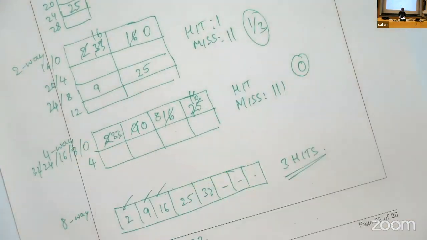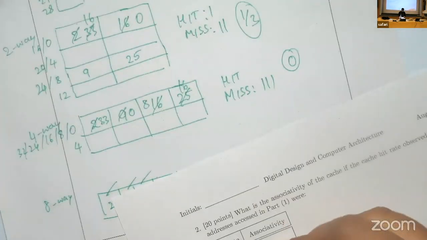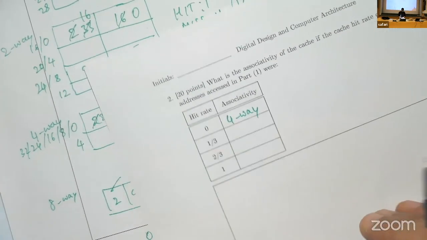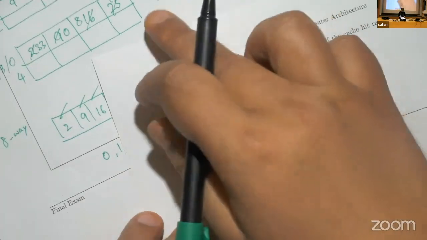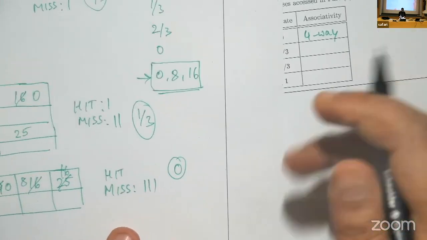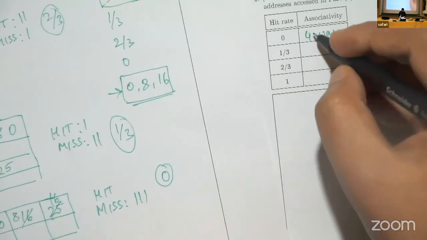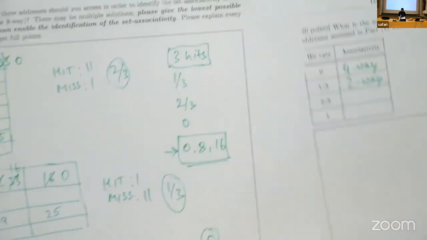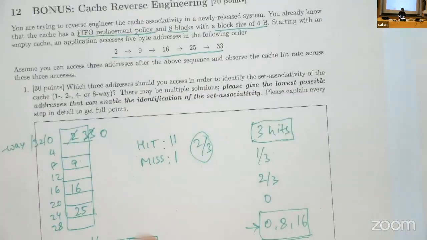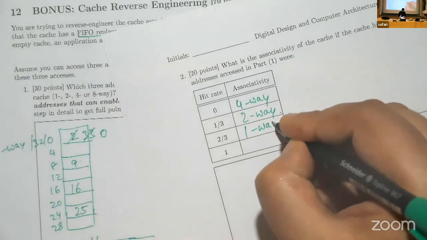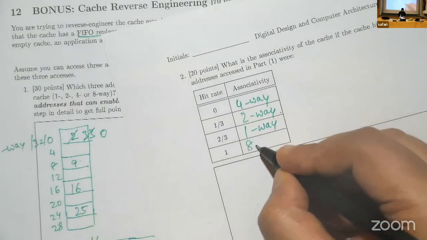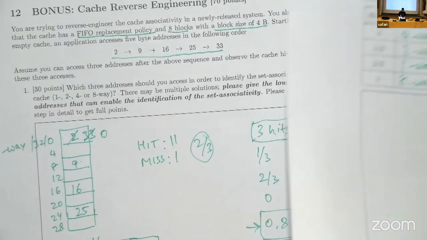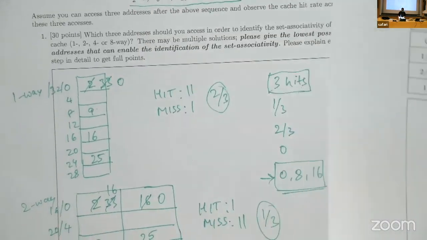If it's 0, then it's 4-way. 1/3 is 2-way. 2/3 is the one-way solution. And 1 is the 8-way. So this is pretty straightforward. You use the solution from the previous sub-question and get the answer for this.